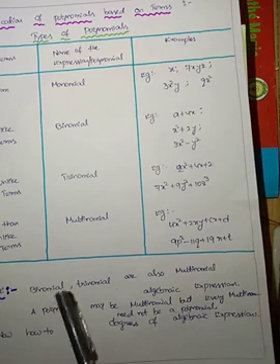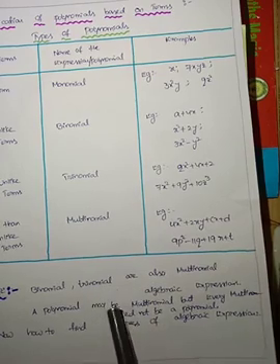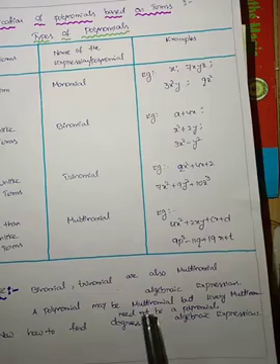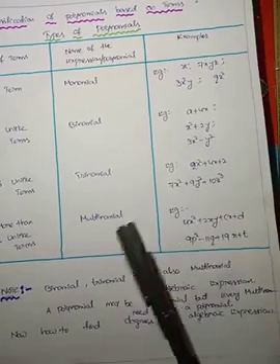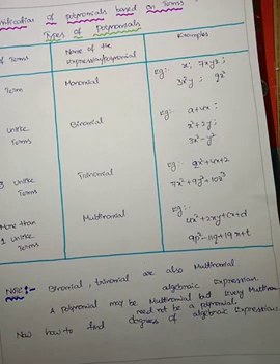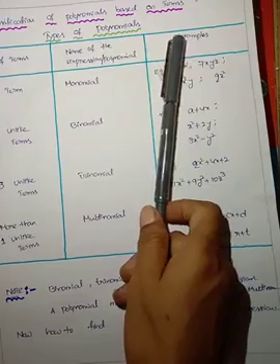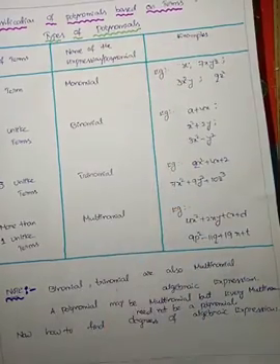These are the types of polynomials based on terms: monomial, binomial, trinomial, and multinomial.